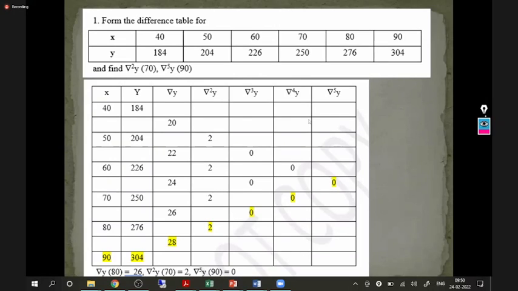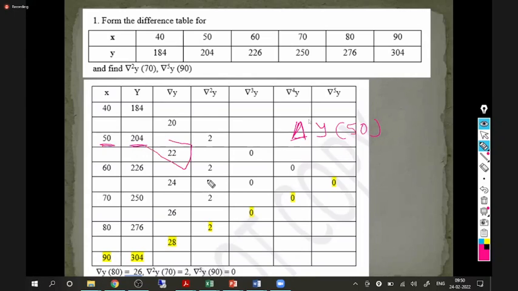For example, suppose I'm interested in getting delta y50. So I have to come to 50 first. This is f of 50, delta y50. Because for delta I will go this way, the answer is 22.